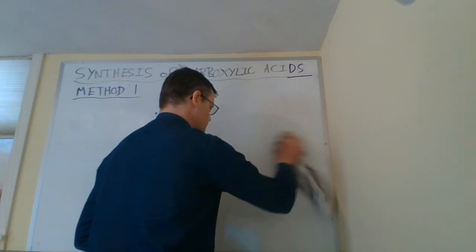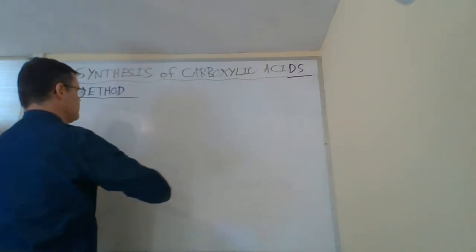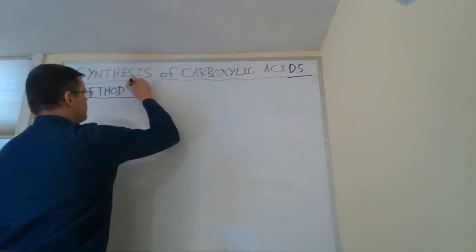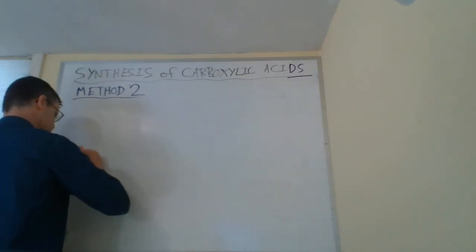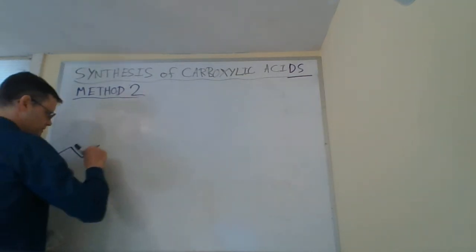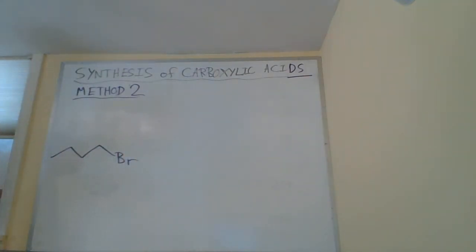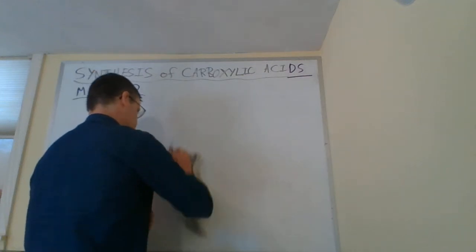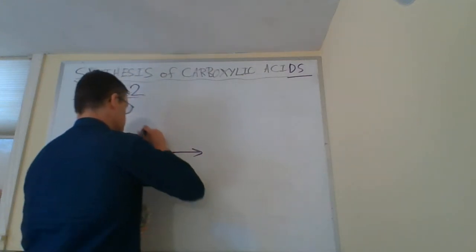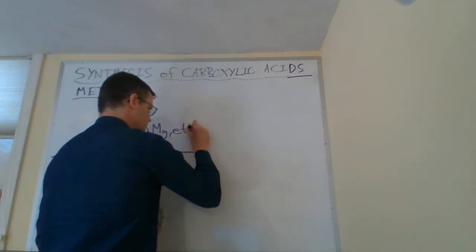All right, the second method allows us to start from an alkyl halide, and this is going to be via Grignard reagents. Let's start with 4 carbons. This lecture today is brought to you by the number 4. So here I've got 1-bromobutane, and through a series of 3 steps, we're going to start with magnesium and diethyl ether.